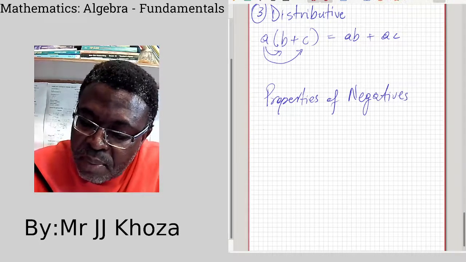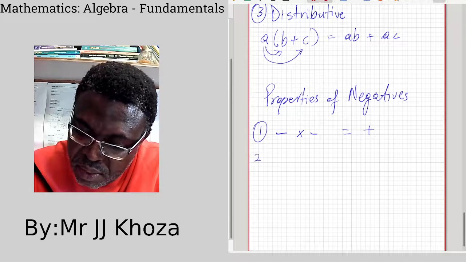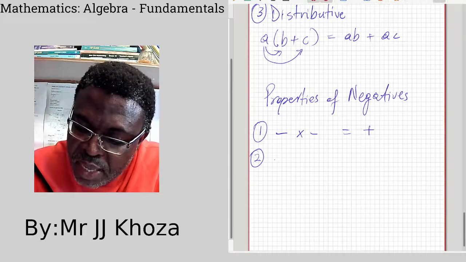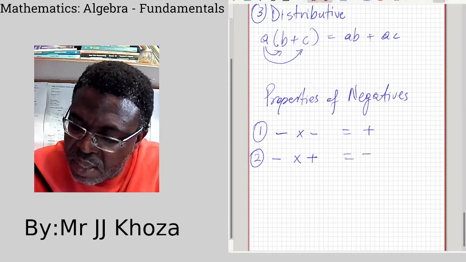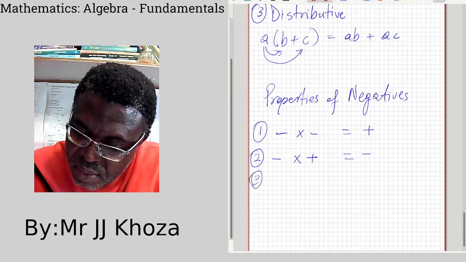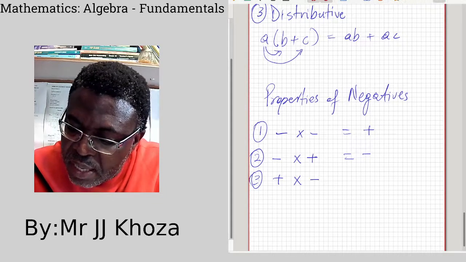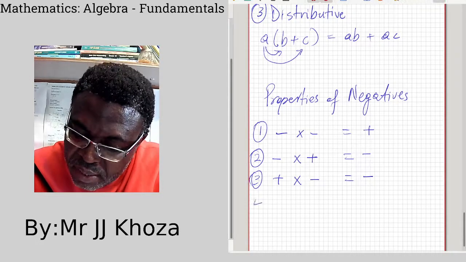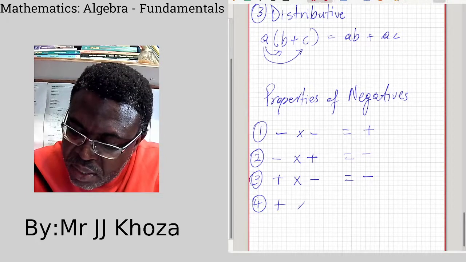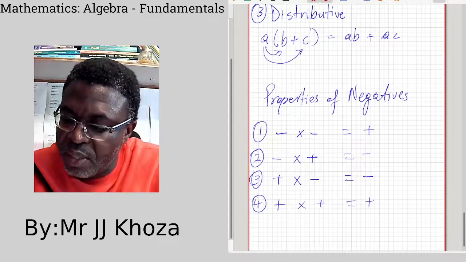It's simple here. 1. A negative multiplied by a negative is equal to a positive. 2. A negative times a positive is equal to a negative. 3. A positive times a negative gives you a negative. And 4. A positive times a positive gives you a positive.